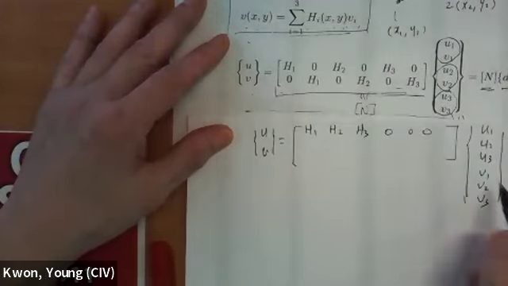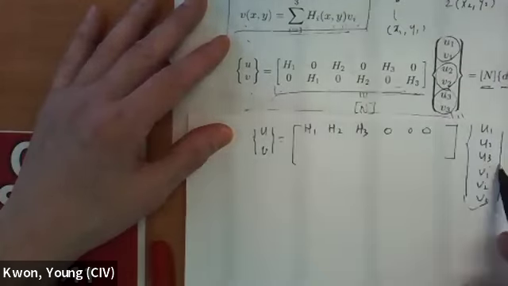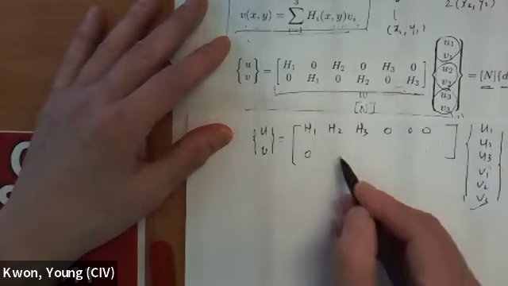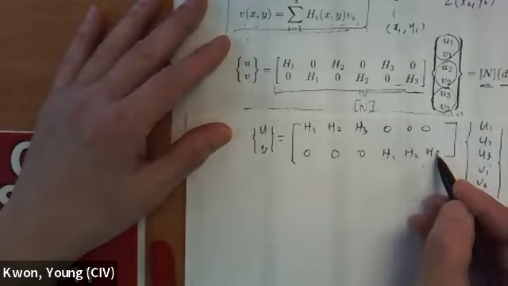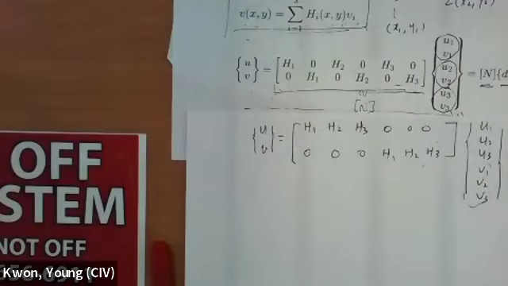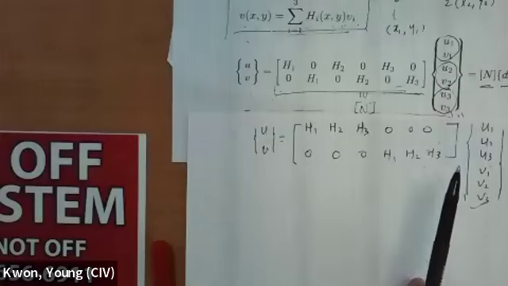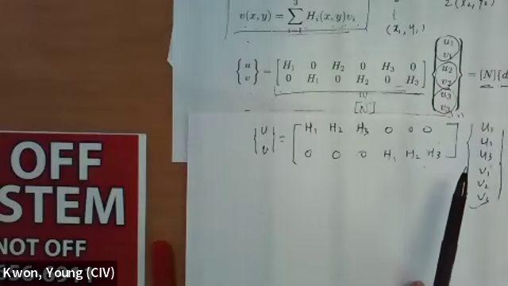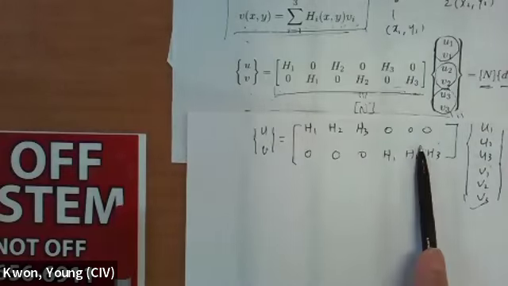So I arrange the element vector with U first and V later. Then that matrix is going to be like this one. This is exactly the same, just a different order. But in general, we prefer this over that.